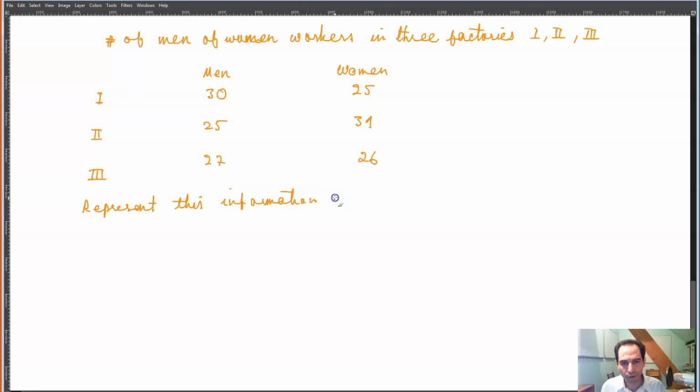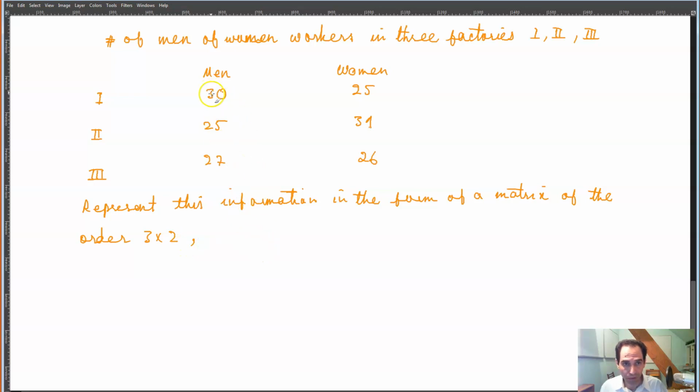Now if you want to represent this information in the form of a matrix of the order, for example, 3 by 2, you would do simply the following.